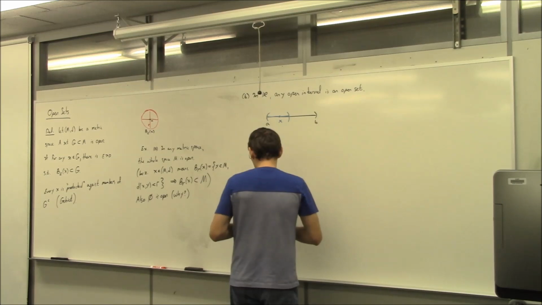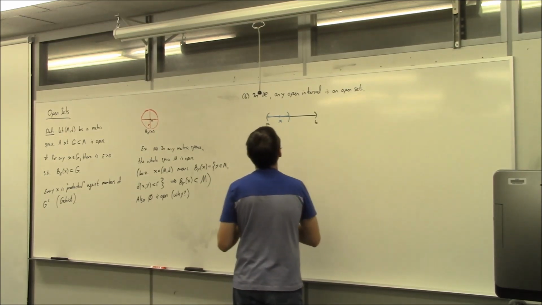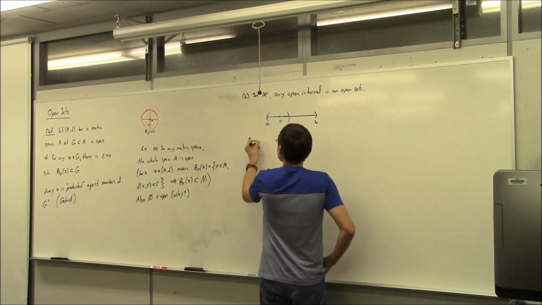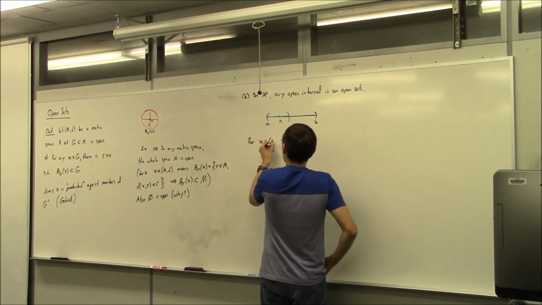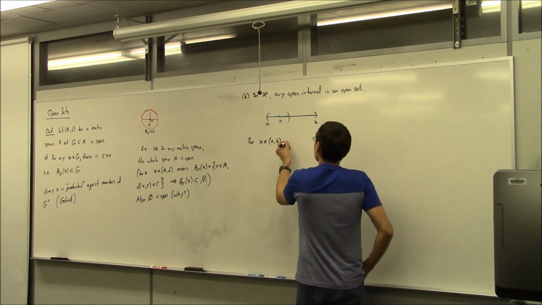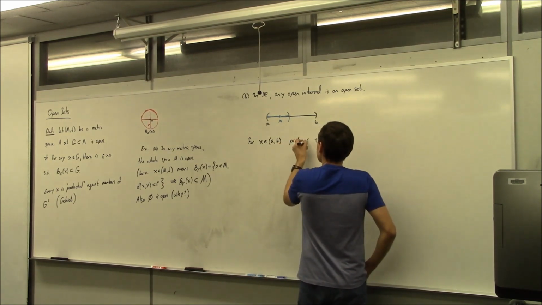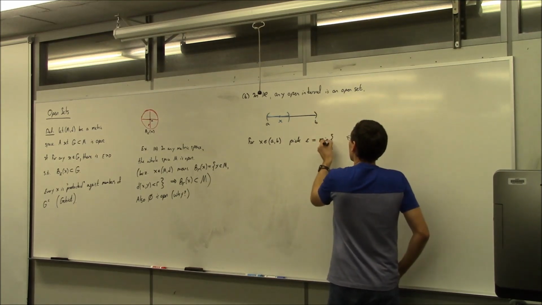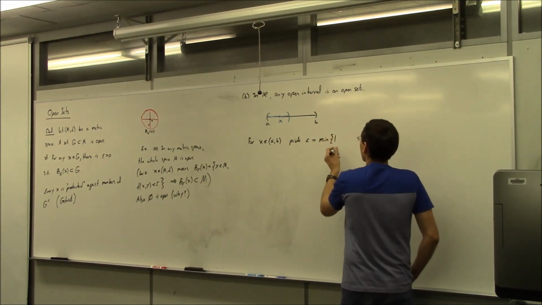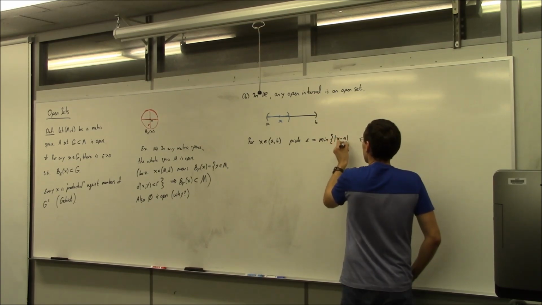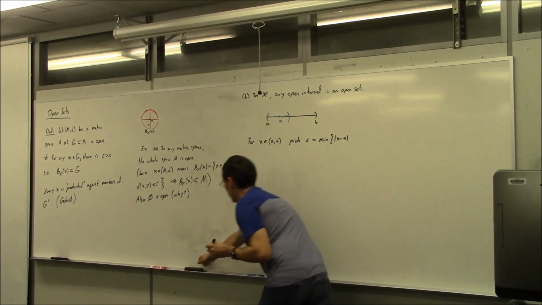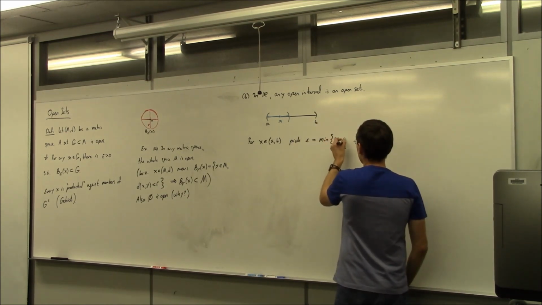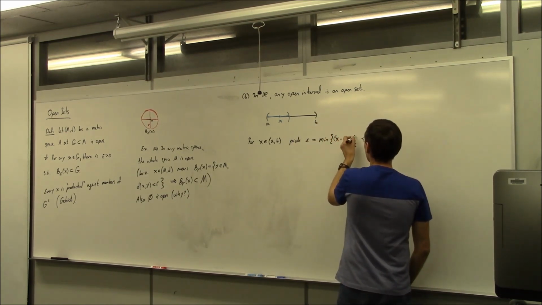Okay, so what this means formally is that for x belonging to the interval (a, b), pick epsilon to equal the minimum of x minus a and b minus x. You don't need absolute value here, it's pretty clear that x is between them.